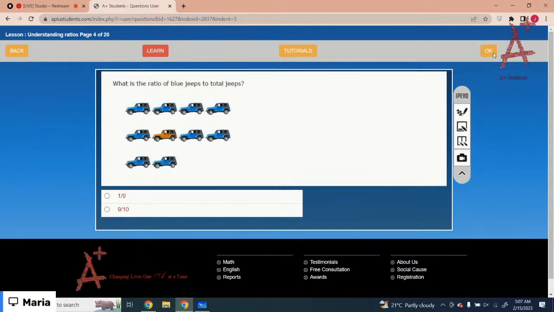How many blue jeeps are there? 9 of them are blue and the total are 10. So it would be 9 over 10. Just 9 by 10 is the correct option.